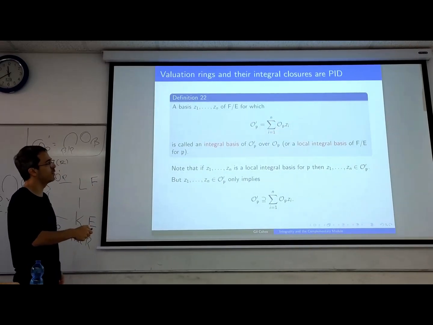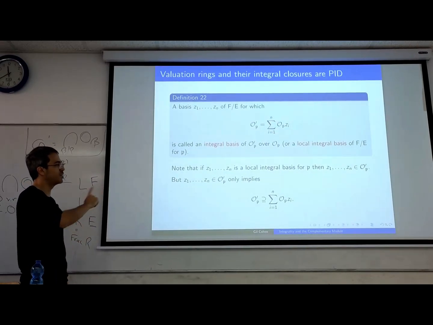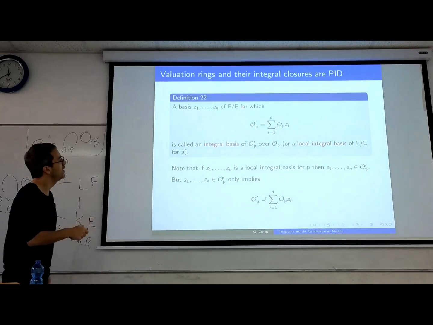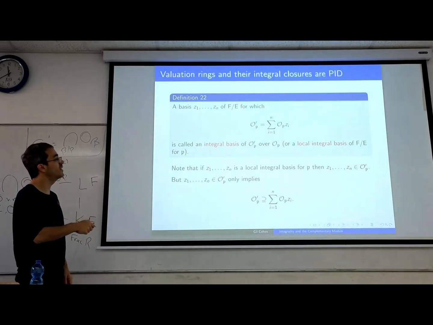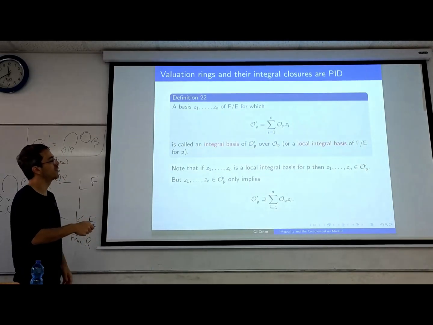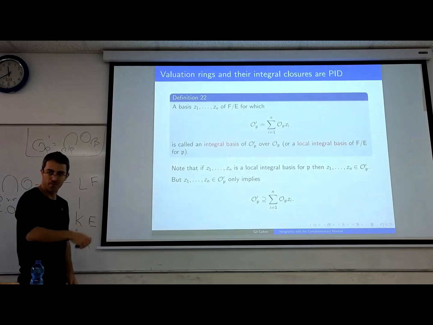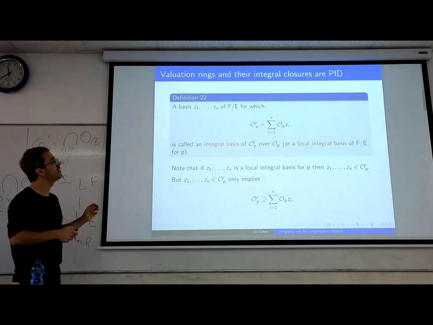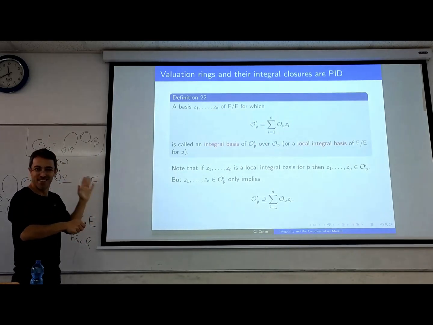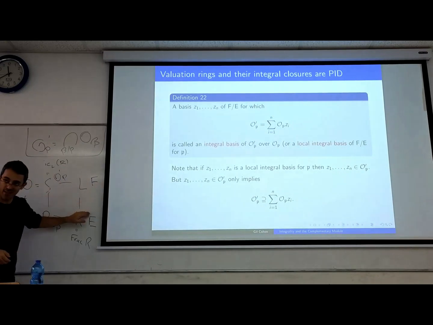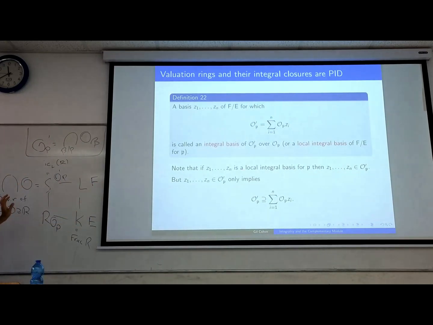In a second, I'll tell you that one of them is obvious. But if you have this equality, then that is called an integral basis or local integral basis of O_P prime over O_P. The right name for it is a good basis for p. It's like a basis of F over E that works nicely with trying to understand little p.